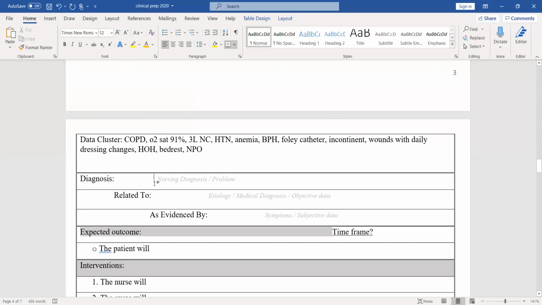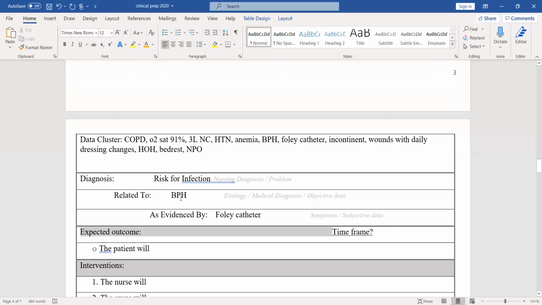For the nursing diagnosis, one that we could use is risk for infection. That's straight from the book. And that could be related to the fact that they have BPH, as evidenced by the patient has a Foley catheter.